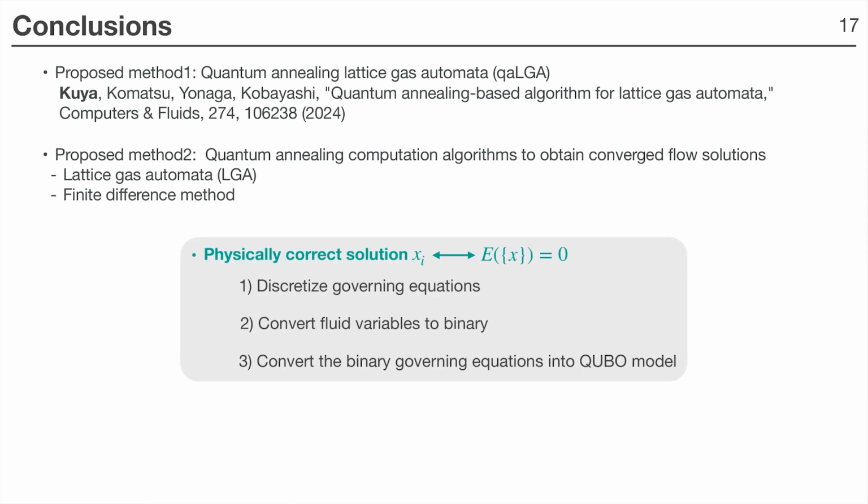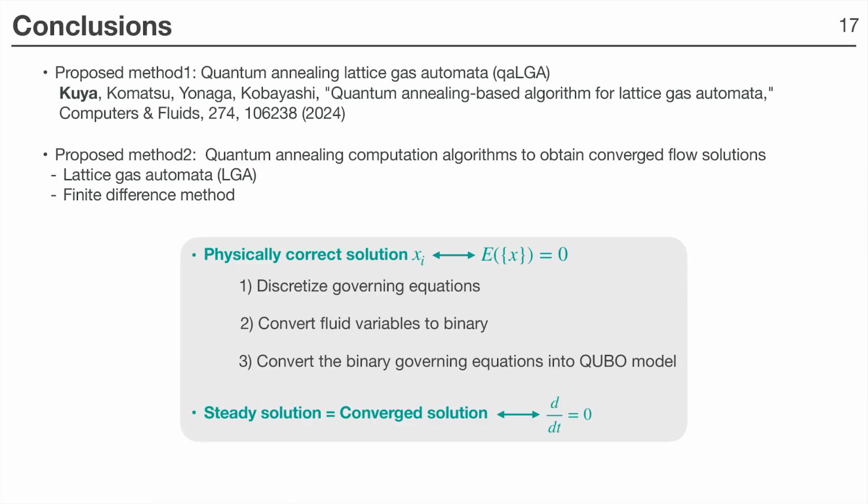So, conclusions. I introduced two proposed methods, first and second. We published a journal paper for QLGA, and the second one is our main subject of today's presentation. When we developed the quantum annealing method, we followed the three steps shown here.